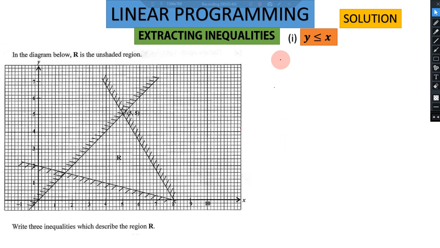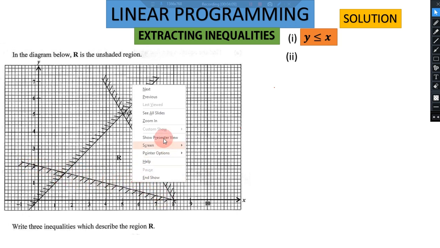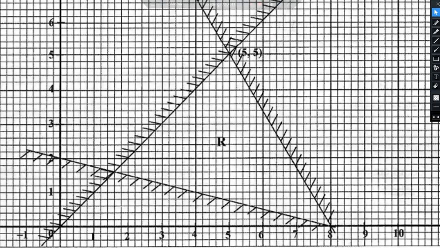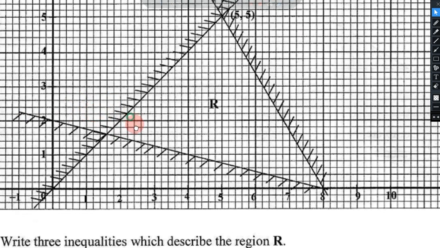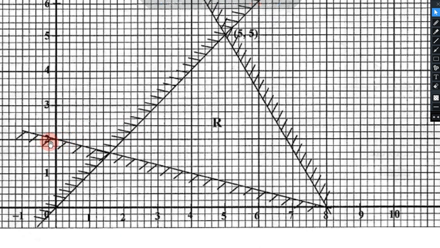Now the last 2 inequalities, for this line and this line which is down here, we cannot go direct. Those we are supposed to use coordinate geometry. So how do we use coordinate geometry? We are going to pick points for this particular line, the line which is down here. I'm sure you are able to see, there's a point here and down here there's also a point.